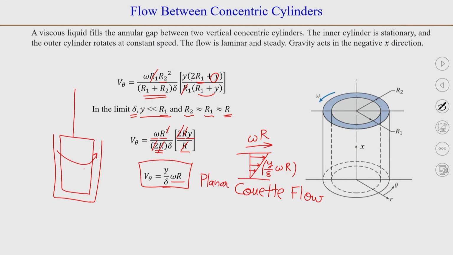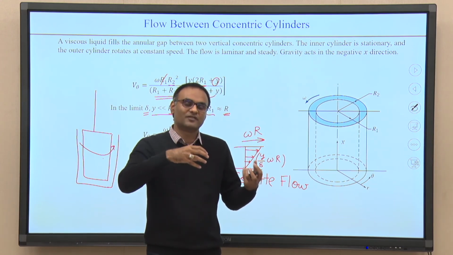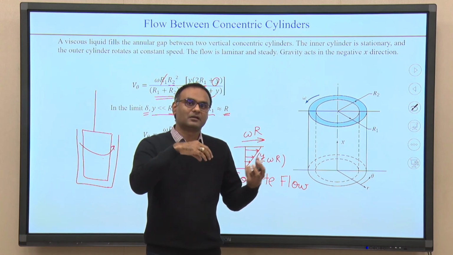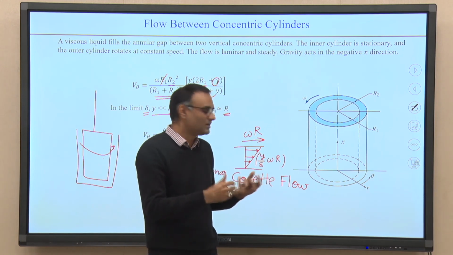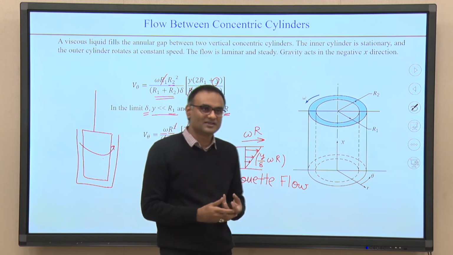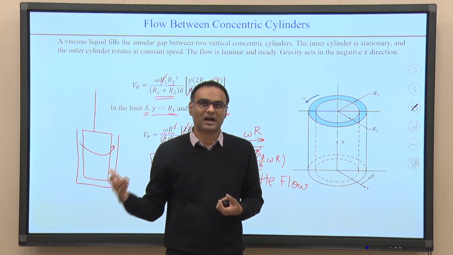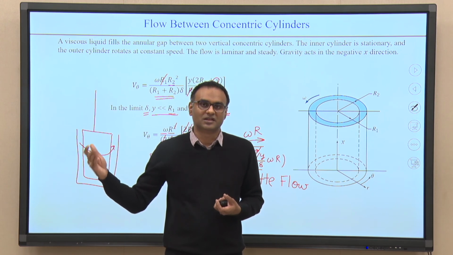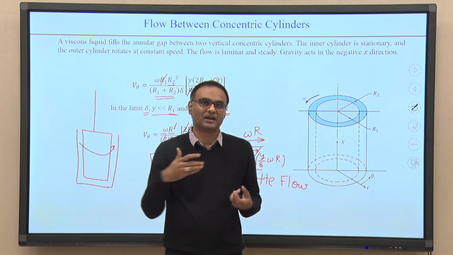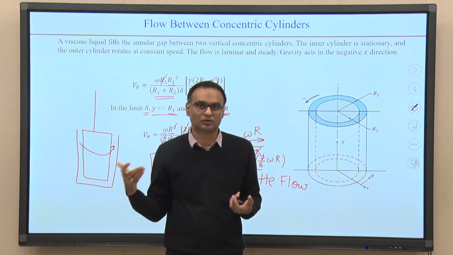whereas when it is the flow between two infinitely long cylinders and one of the cylinders is moving, or both of them might be rotating and their angular velocities are different, you can find such a general case also, but then the boundary conditions will be that at the inner cylinder, at small r equal to capital R1, V theta is equal to omega 1 R1, and at the outer cylinder you will have V theta equal to omega 2 R2.